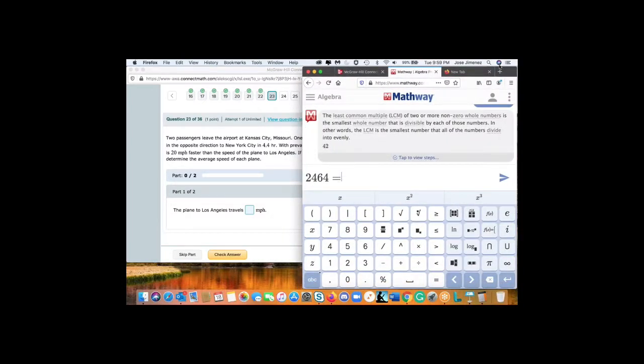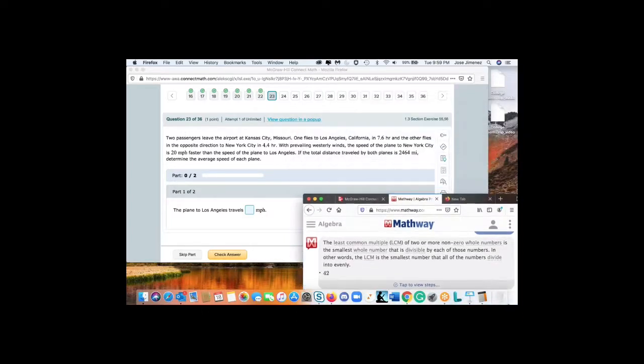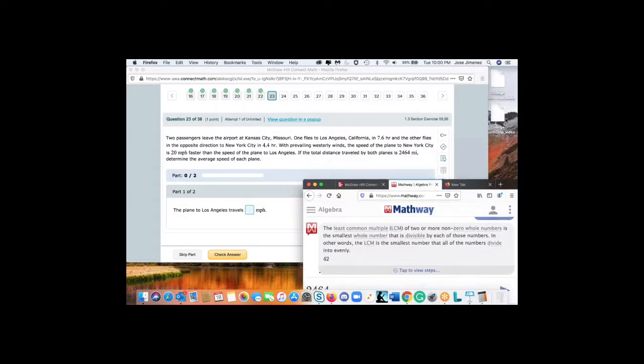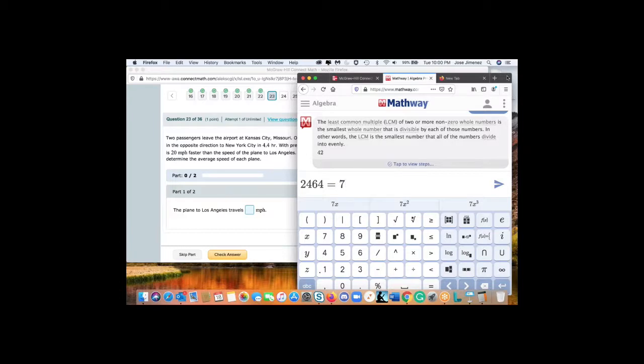Everything is in miles. Two passengers leave the airport, one flight to Los Angeles, California, in 7.6 hours. So remember, we have VT. Do we know V? No, but we know the T. The T is 7.6.